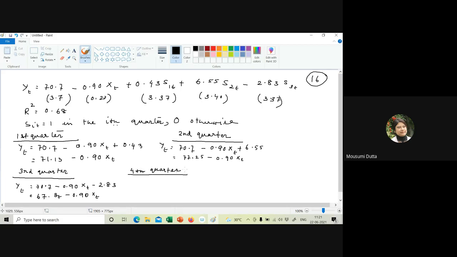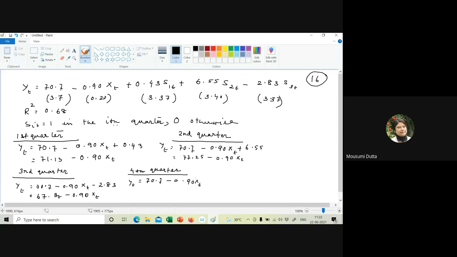And finally, for the fourth quarter, what will be the equation, Shibani? 70.7 minus 0.9 xt. Very good. This will be the equation for the fourth quarter.